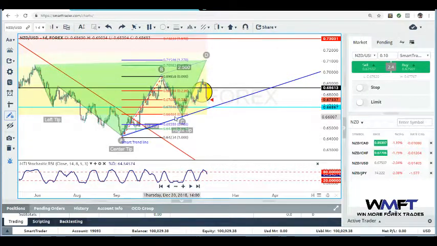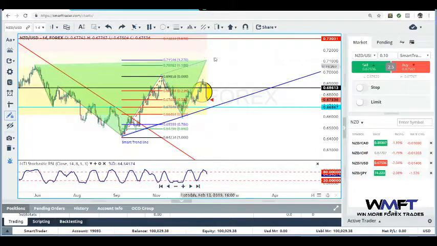We have a bull crown formation on the daily. We have a 618 retracement, and this Fibonacci D extension, the 1618, is a vital price point and has a lot of price action from the past.